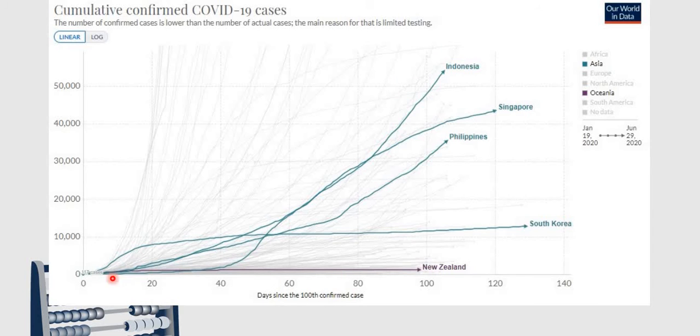While New Zealand did not even reach 10,000, they remain flat here below. Although it might still be a lot, that is less than 10,000 because the numbers here on our vertical line are 10,000.